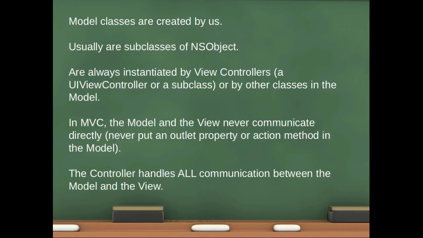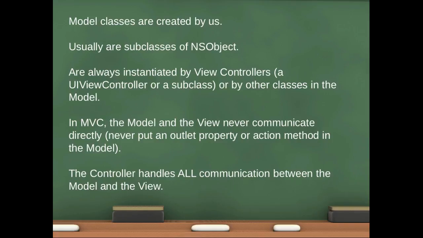It's usually a UIViewController, maybe a subclass of UIViewController, but the model itself is always instantiated by a view controller. Some classes within the model may be instantiated by the overall model itself. Of course, this is a class graph. We're familiar with that idea. But the model itself is instantiated by a view controller.